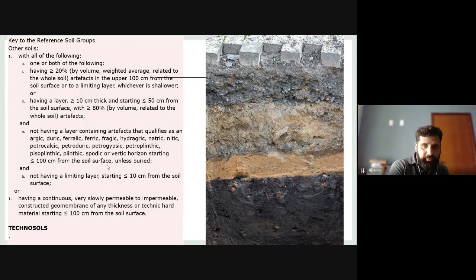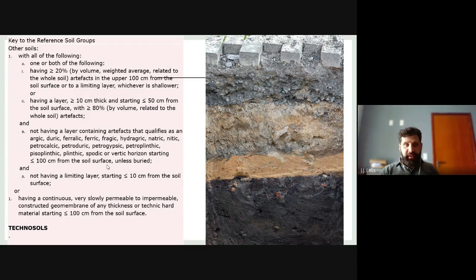So the technosols are those soils that were created by urban societies, modern societies, but they also have several criteria. To identify an anthrosol, at least one of these topics should be followed, and all the criteria should be followed to identify a technosol. Okay?